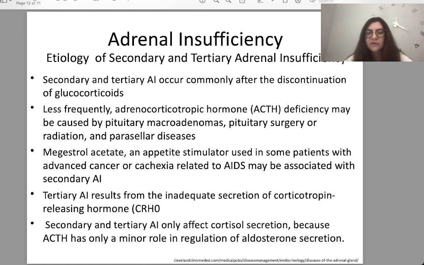Tertiary adrenal insufficiency is from inadequate secretion of corticotropin-releasing hormone. It goes even higher, from the hypothalamus. Secondary and tertiary adrenal insufficiency only affect cortisol secretion because ACTH has only a minor role in regulation of aldosterone secretion. ACTH, you remember, is adrenocorticotropic hormone from the pituitary gland.